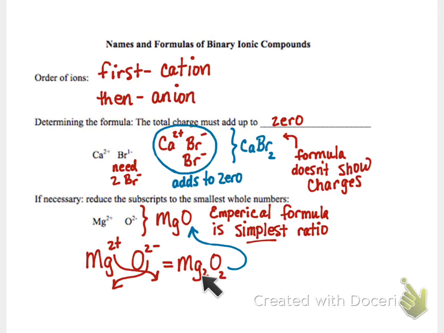And if you crisscross, you get Mg2O2, which adds up to 0, but it's not the simplest ratio. So then you have to simplify to get the formula. You can either get it by crisscrossing or by adding up the ions. It's the same, it's going to get you to the same place. Crisscrossing can be a nice shortcut though.